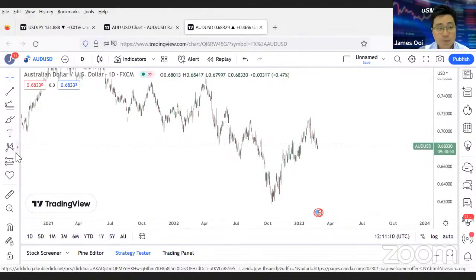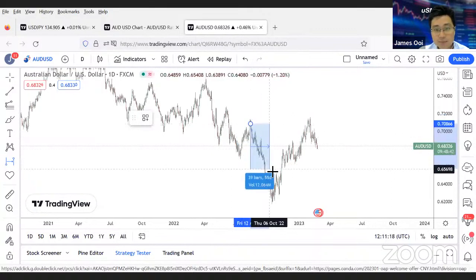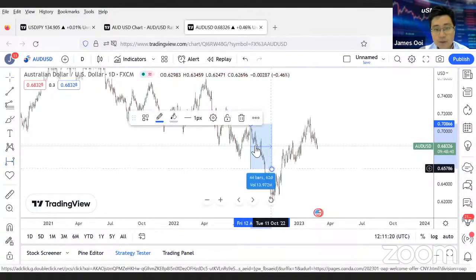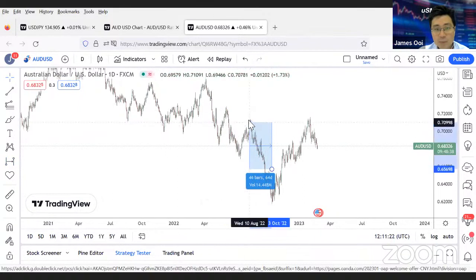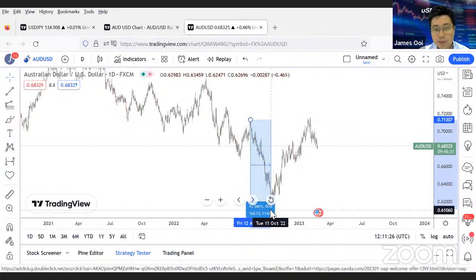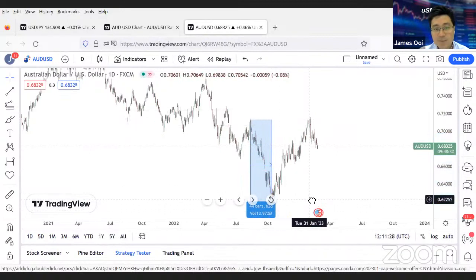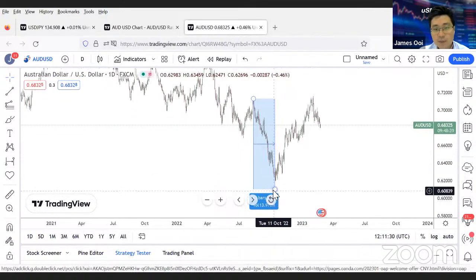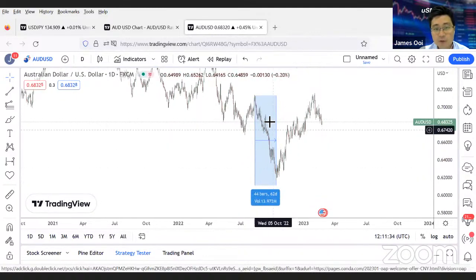So one thing I could probably do over here is assume that when the price went down from here to here, it actually spent about 44 or 45 trading days itself.